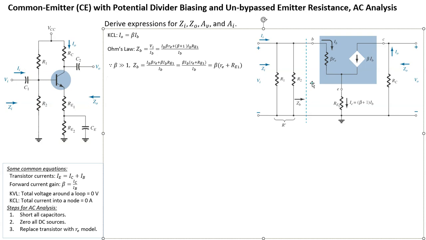So you can use the current divider rule to express IB in terms of II or vice versa. Let's do that. Using the current divider rule, we can write that IB is just the larger current multiplied by, well, we want to know what IB is, so it's going to be R prime divided by R prime plus ZB.